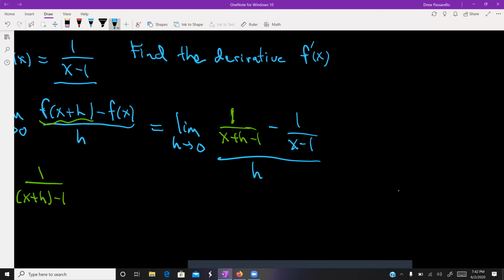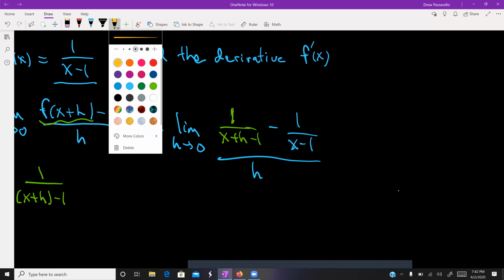So this is a little bit more complicated one because we want to combine these into one fraction.